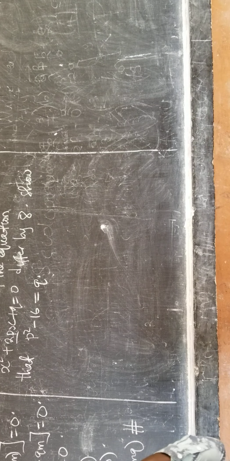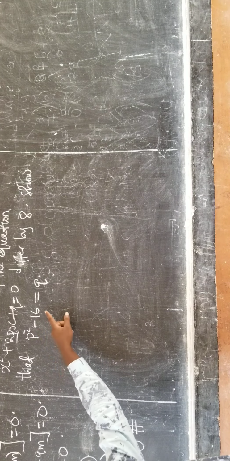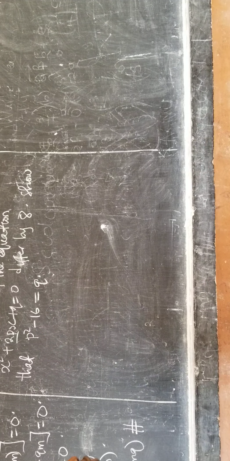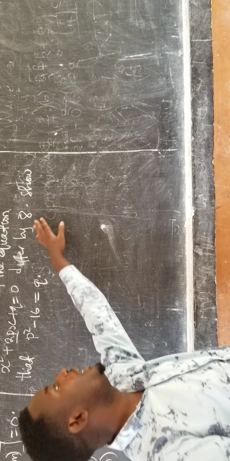Okay. If the roots of the equation x squared plus 2px plus q is equal to 0 differ by 8, show that p squared minus 16 is equal to q. So in this case, I've said the roots of the equation differ by 8.